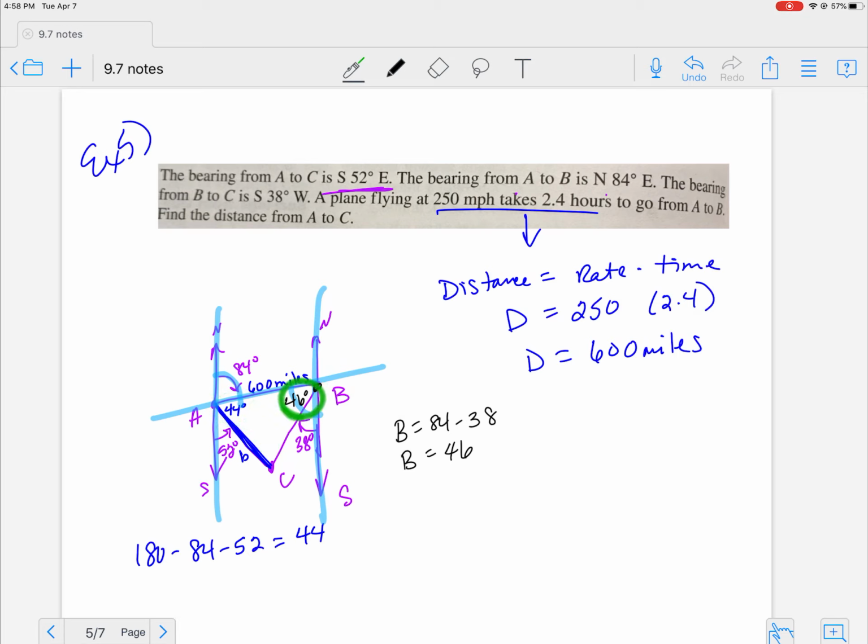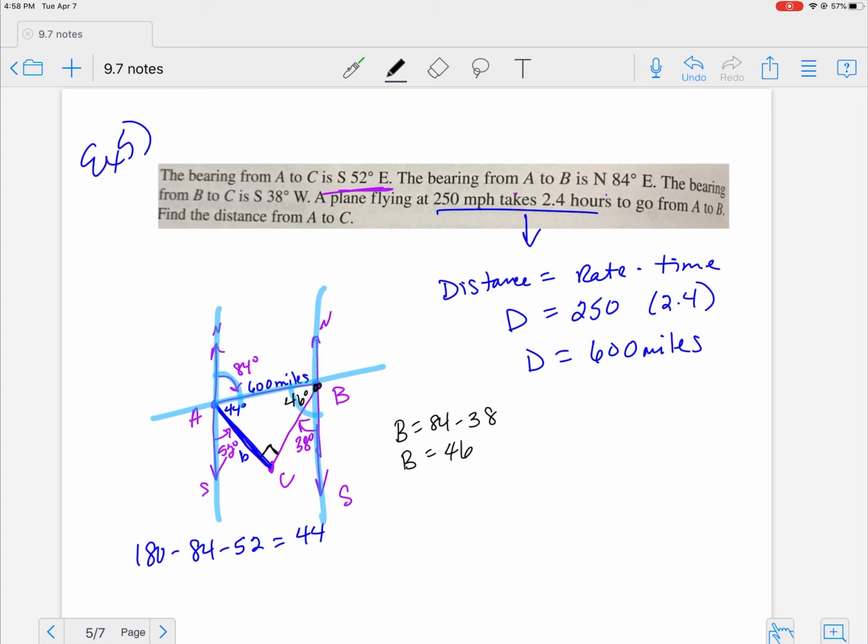If I know this is 44 degrees, this is 46 degrees, I can figure out this whole triangle right here. Yep, and it does end up being 90. Good. I can figure out this whole triangle because it's 180. If 44 plus 46 is 90, then I know this other angle is now a 90-degree angle, and now I can use right triangle trigonometry. The same thing is happening on this problem and the previous problem.